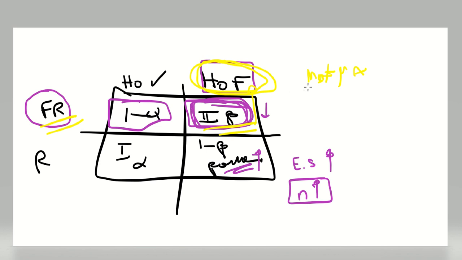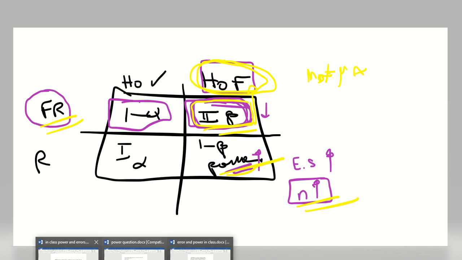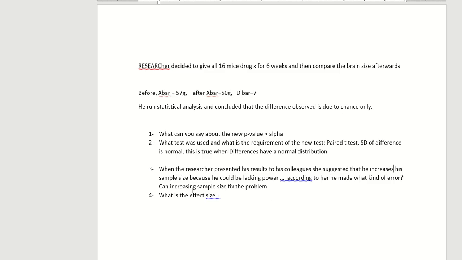But she believes he made a type 2 error. He failed to detect that difference. And she's recommending that he fix that problem by increasing the power of his study. And you can do that by increasing your sample size. Okay? And that is what happened.